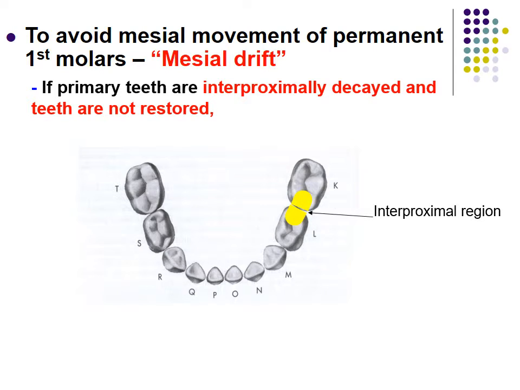The next important fact is that this deciduous dentition is there to avoid mesial movement of permanent first molars, which is called mesial drift. It occurs if primary teeth are interproximally decayed and teeth are not restored properly. It is one fact.